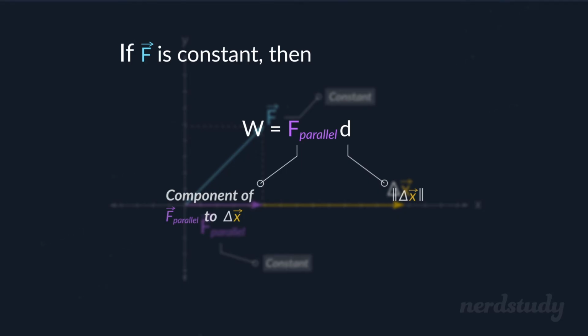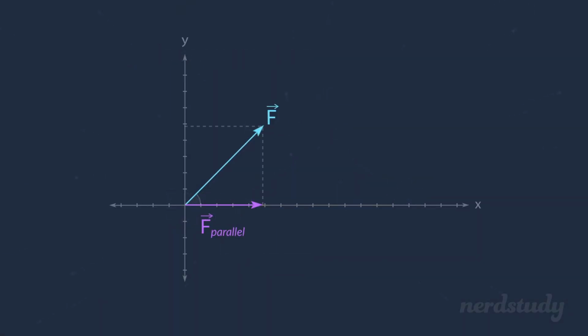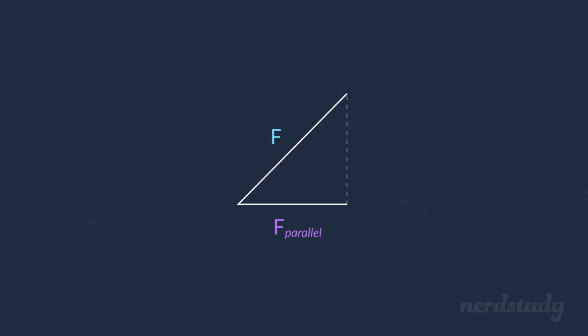But wait a minute. Shouldn't it be fairly easy to figure out the magnitude of the parallel component? That seems like something we've done before. And indeed, it's only a matter of simple trigonometry. If we focus on this triangle here, then this length represents the magnitude of the force itself, and this length represents the magnitude of the component that's parallel to the displacement.